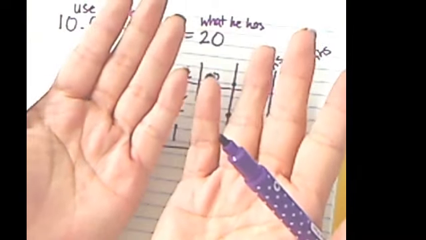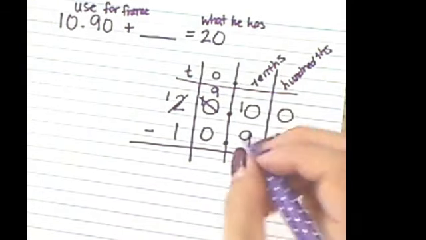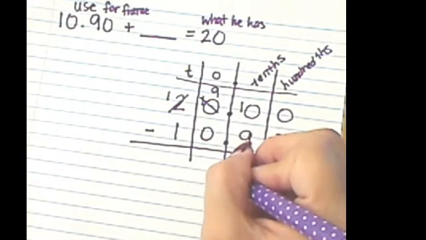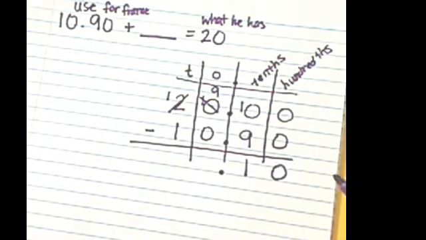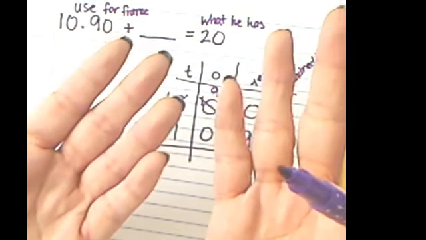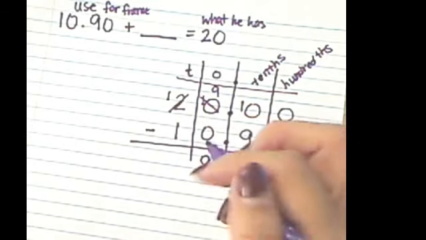If I had 10, take away 9, how much do I have left? I've got 1. Okay. Don't forget my decimal. 9, take away nothing. If I have 9 and I take away nothing, I still have 9. And 1 take away 1, that's 0.